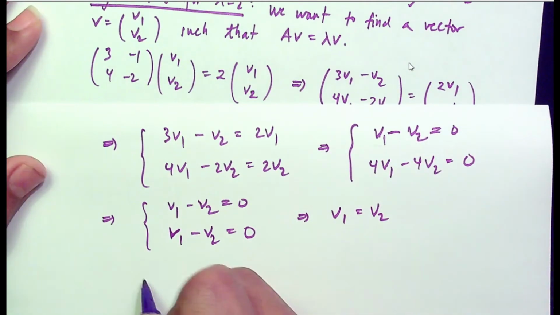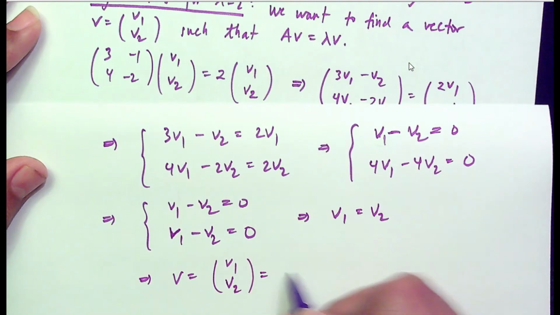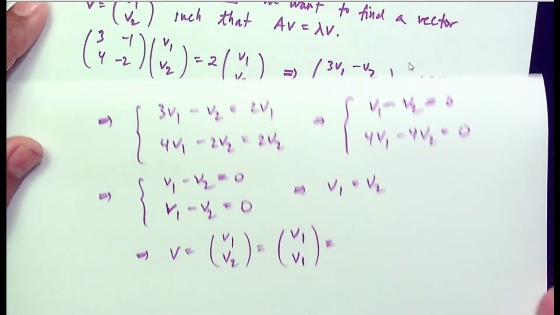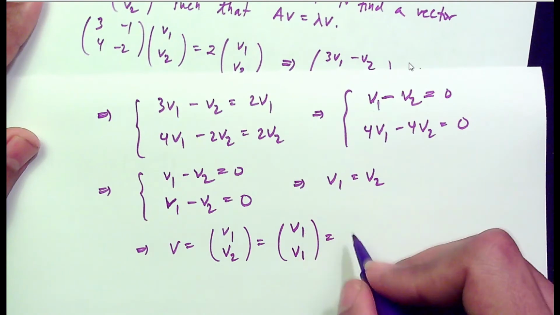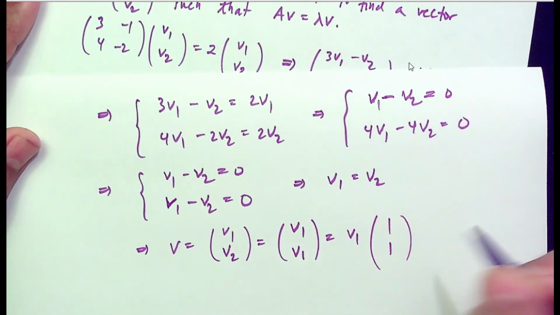All right, so that means that v equals v1, v2, but v1 is the same as v2, so I can replace the v2 by v1, and then I can factor out the v1 and say that this is v1 times 1, 1.